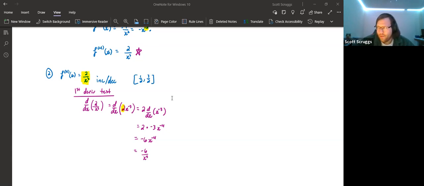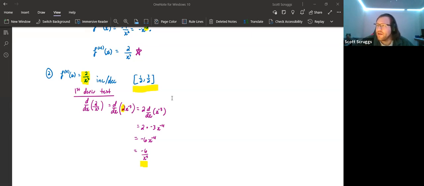So with that, for all my values of x between 1/2 and 3/2, will negative 6 divided by x to the 4th always be positive or always be negative? Bingo.